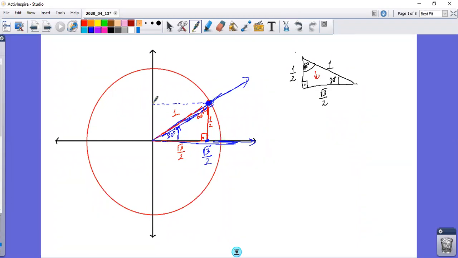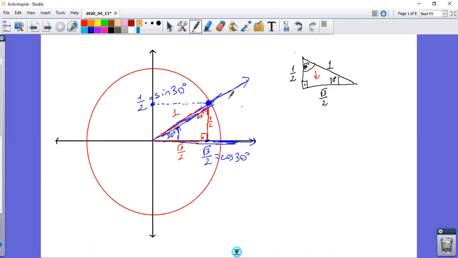Look, if this length is 1 over 2, this length is also 1 over 2, so the y coordinate of this point is going to be 1 over 2. So as you already know, cosine of 30 is root 3 over 2, and this is sine of 30.